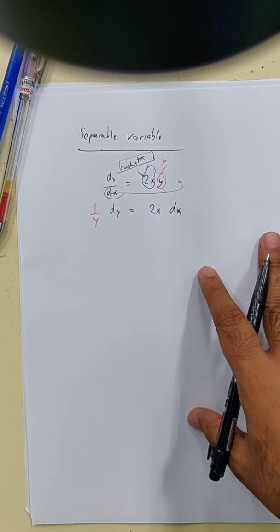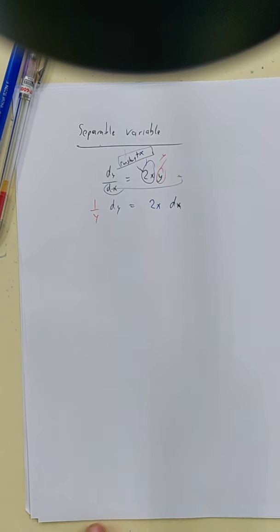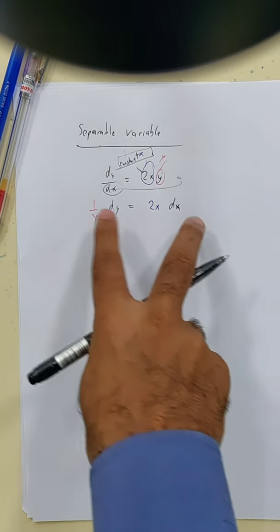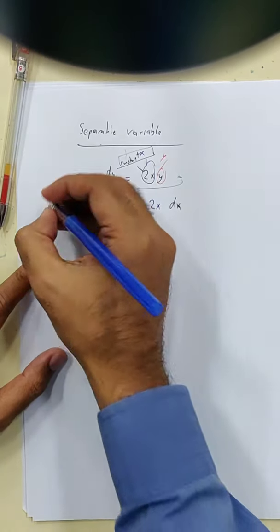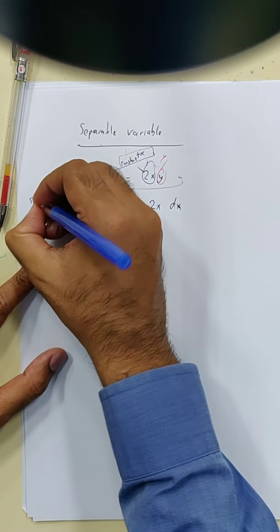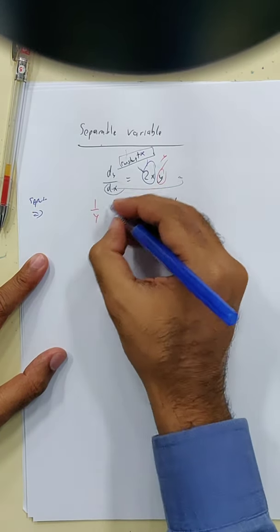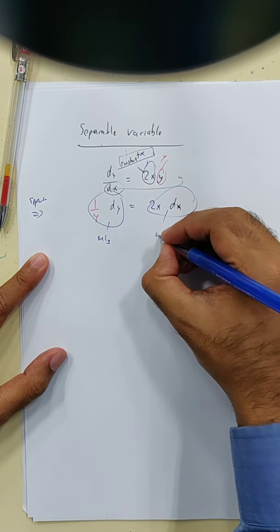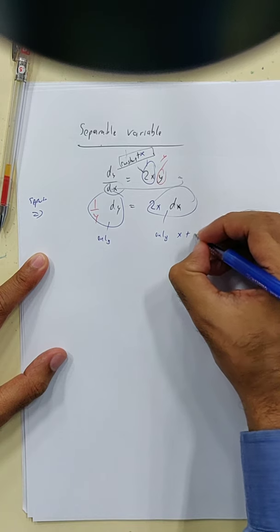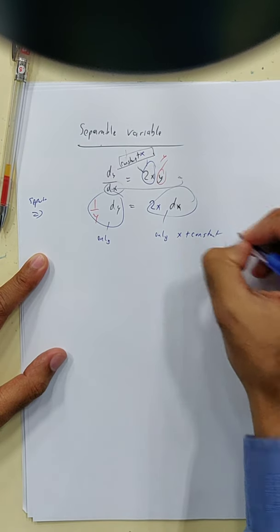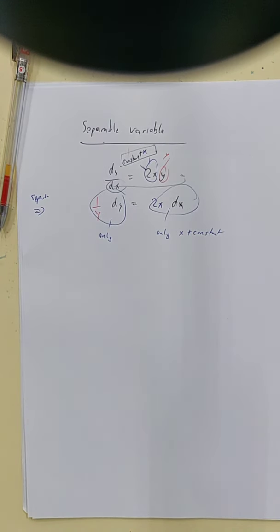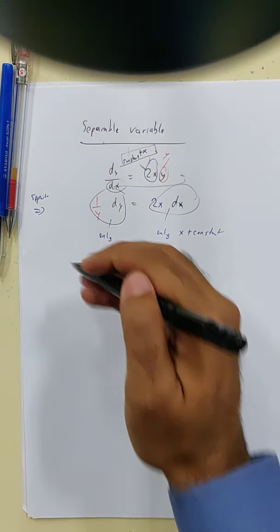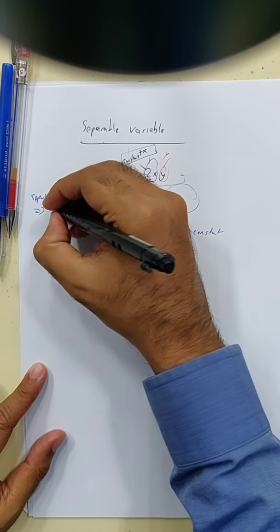Normally dy and dx cannot separate themselves. You hear? So we separate them. As you can see, only y, only x plus constant. And once we separate, we also integrate.